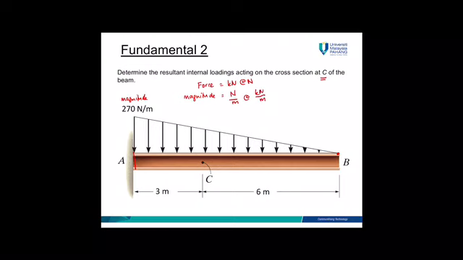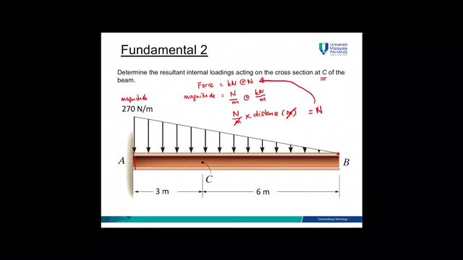How to convert magnitude to force? You need to times the distance, because you want to cancel out meter. Distance is meter, so when you times distance, you can cancel out meter here, then you will get newton.